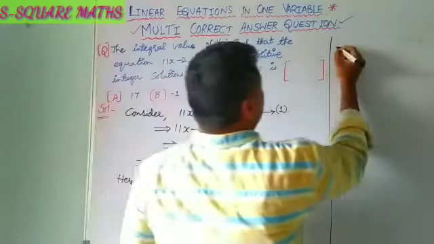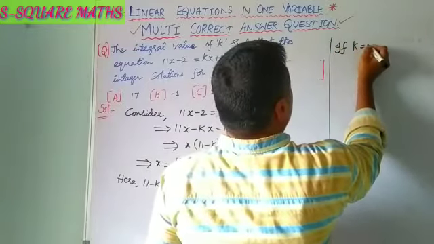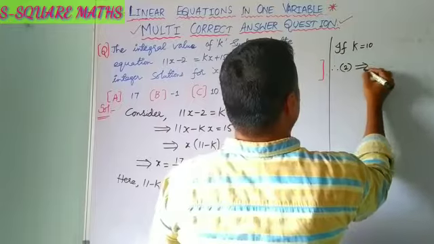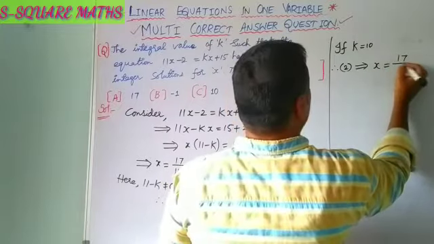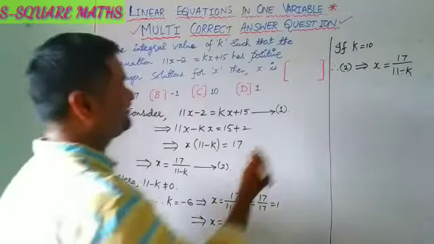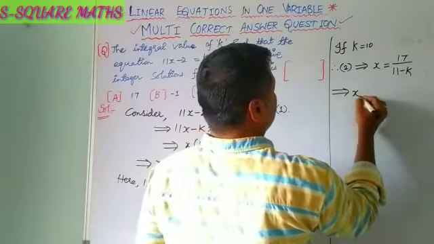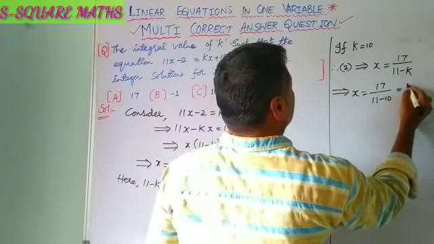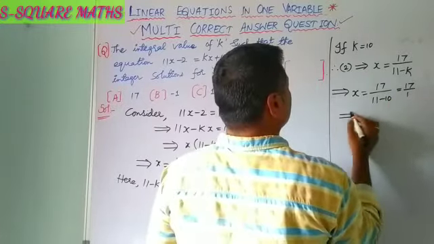So if k is equal to 10, then x is equal to 17 by 11 minus 10, which is 17 by 1, so x is equal to 17.